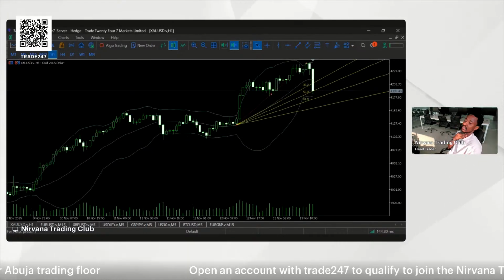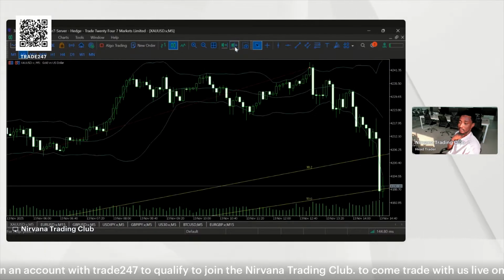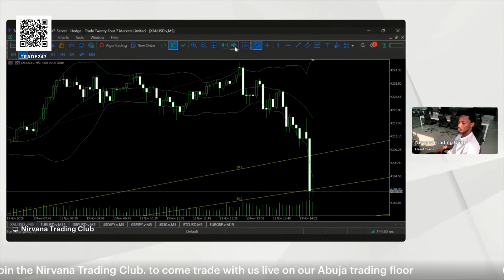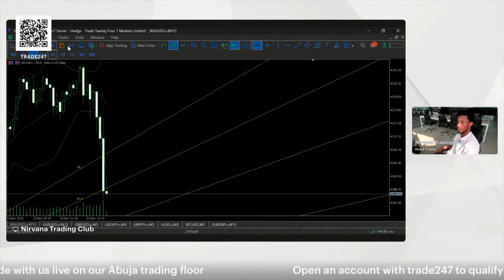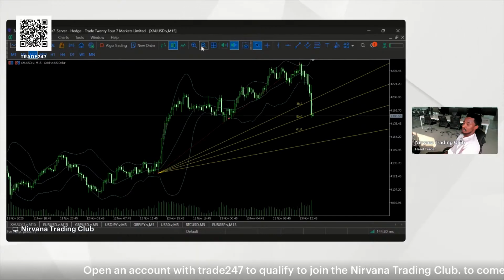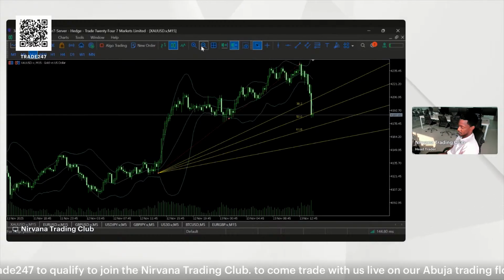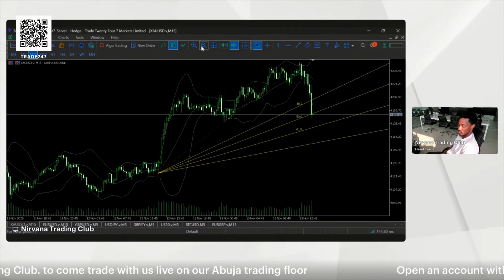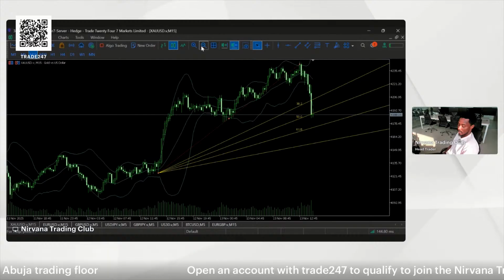Gold is still moving fine. And with this kind of move, the bullish return to the upside is going to definitely give a very good reciprocal reward.